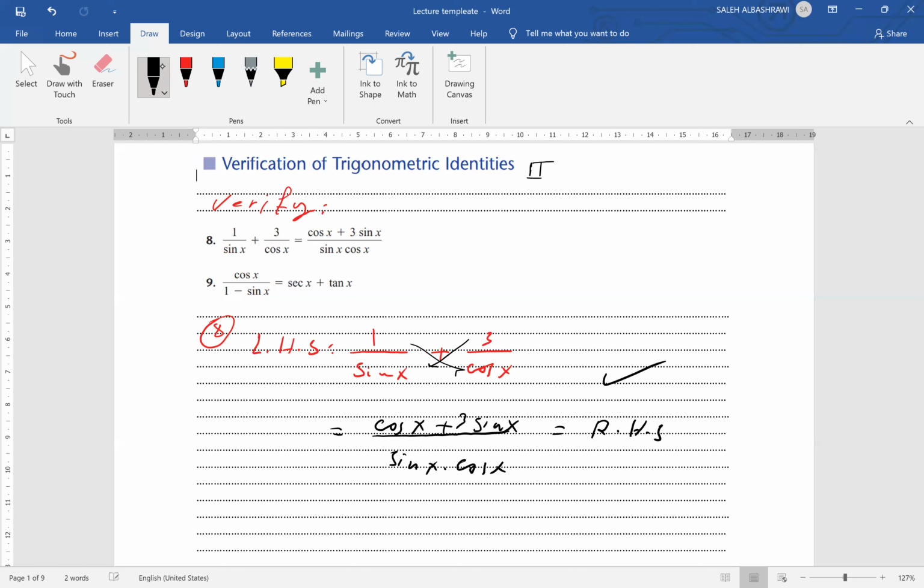So it is done. We just need to find the common denominator by multiplying the two denominators together, and I will have cosine x plus 3 sine x over sine x times cosine x, which is the right-hand side.